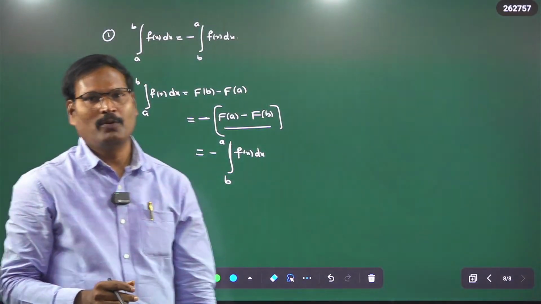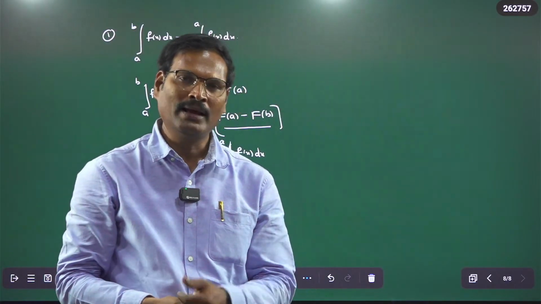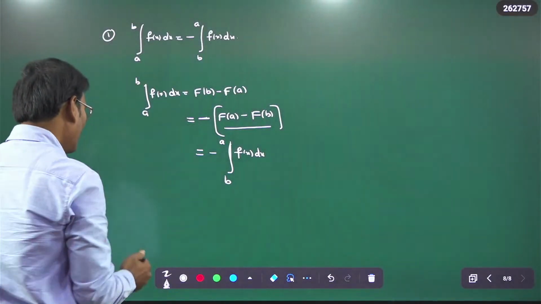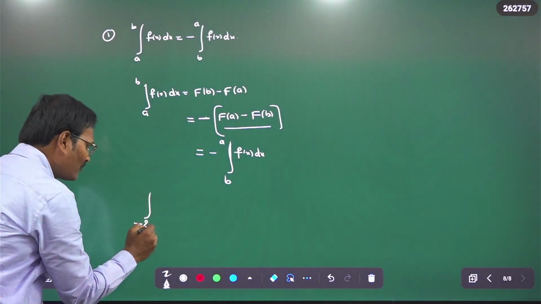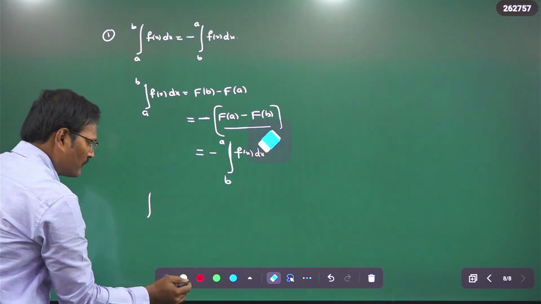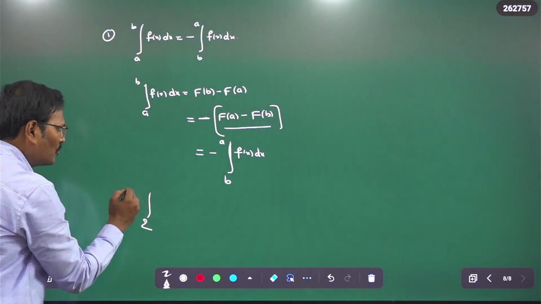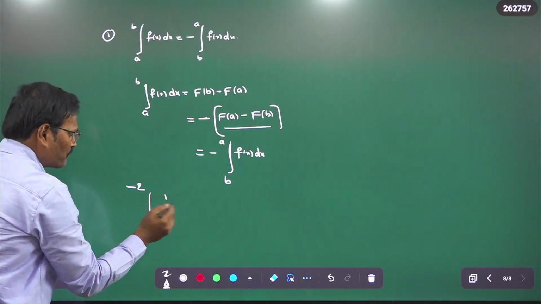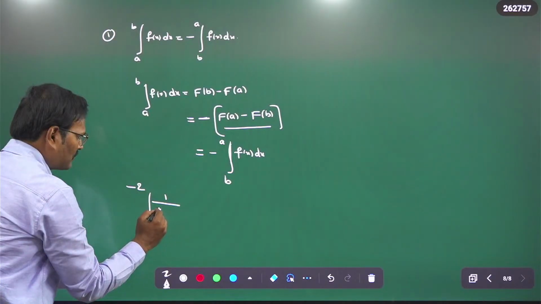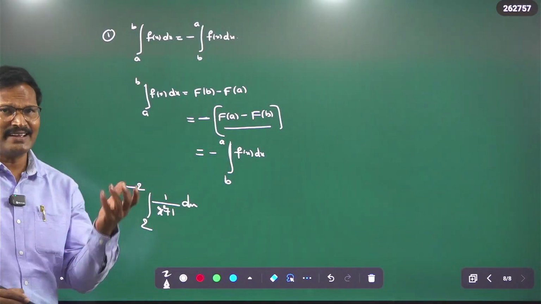In some problems, we can get the lower limit greater than the upper limit. At that time, we can use this property. Suppose you get an integral like 2 to minus 2 of 1 by x square plus 1 dx.